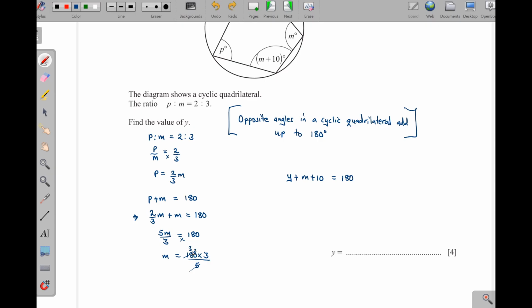Then when I put a 3 on this 0, it becomes 30. Then 30 divided by 5, you get a 6. So meaning we shall have 36 times this 3. 36 times 3 gives us 108. So m is equal to 108 degrees.